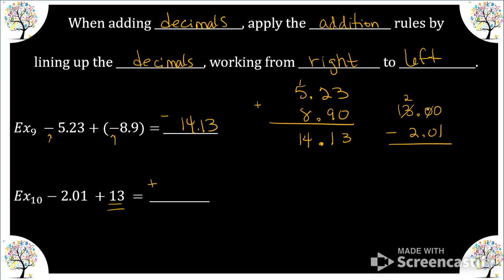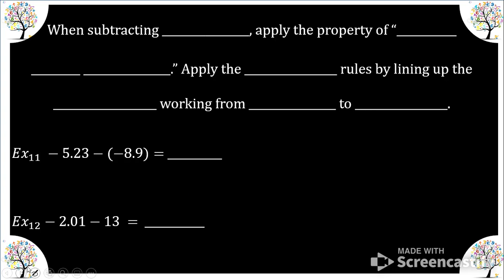This 0, instead of 10, becomes a 9, and this 0 becomes the 10. 10 minus 1 is 9. 9 minus 0 is 9. Bring down the decimal. And then 2 minus 2 is 0. And then 1 minus 0 is 1. So 10.99, and it is positive because we have more positives.